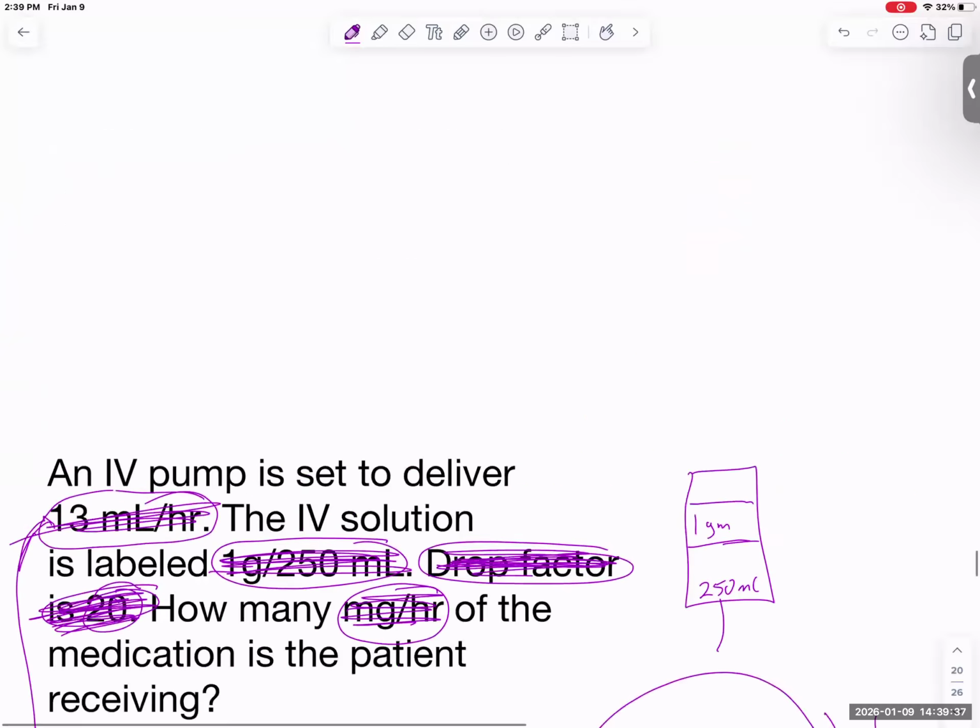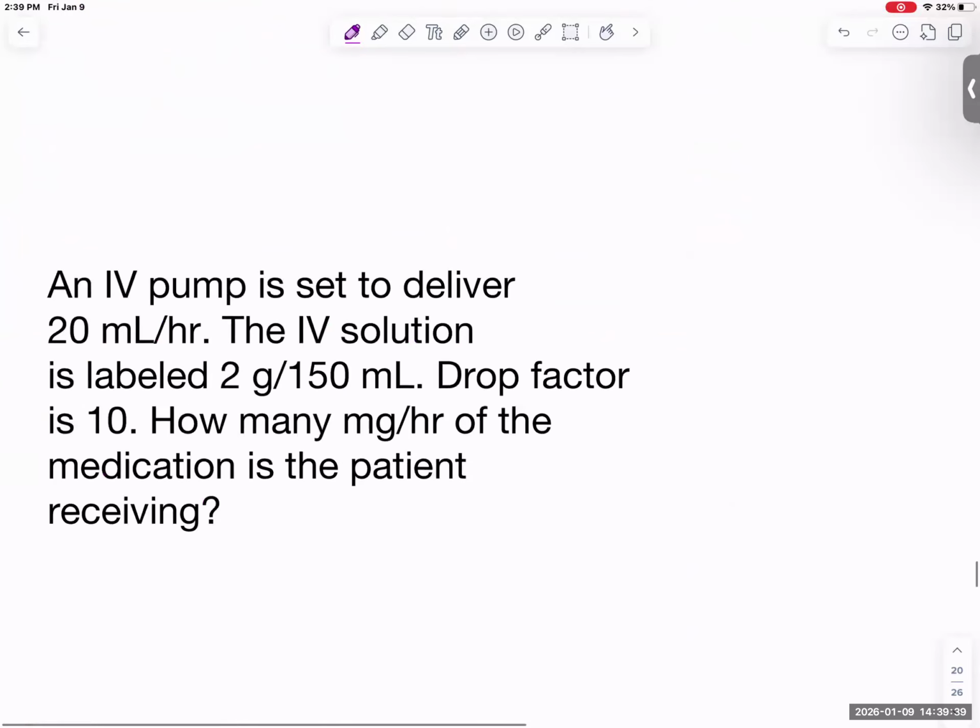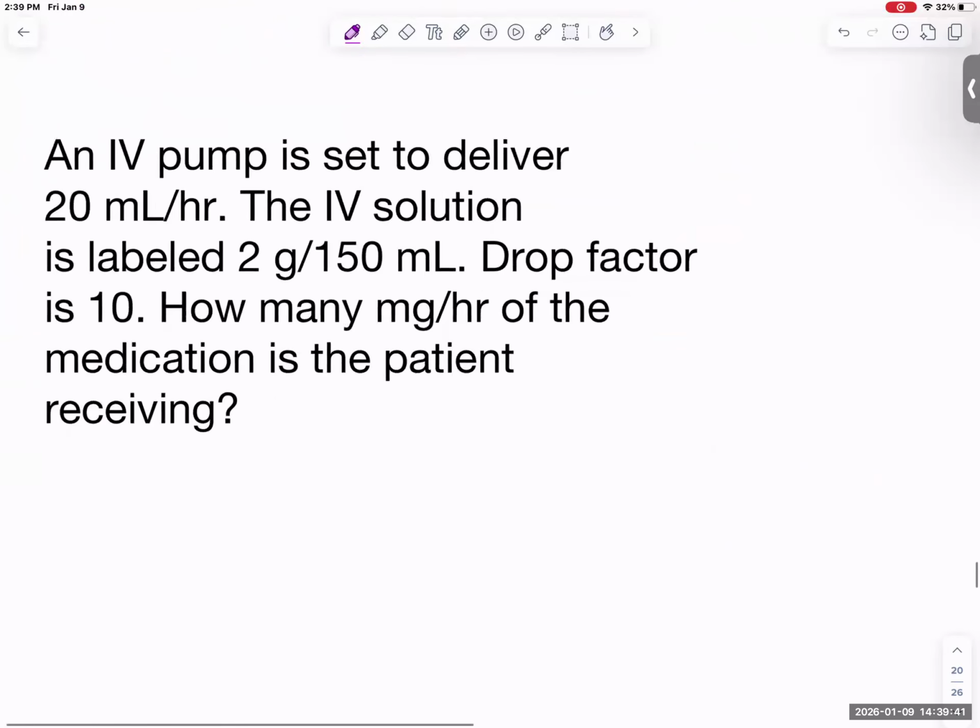So you see these big questions and it's a little bit intimidating. But again, if you just look at it and remember, okay, I know what my wanted is, and I have a pump, so I don't need the drop factor. You can do this.